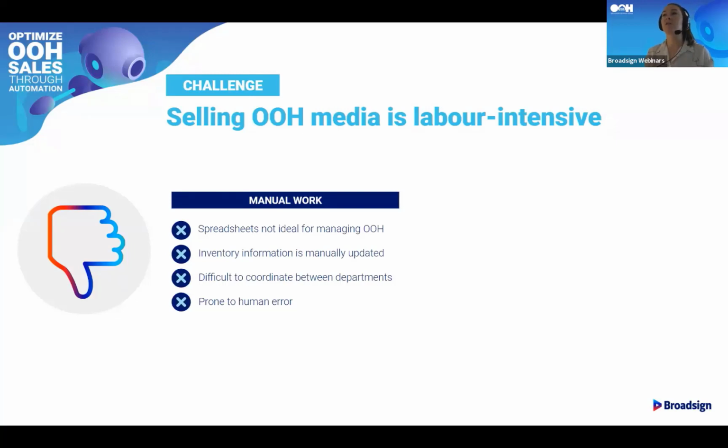It also usually doesn't offer proper live updates, and what we've seen is that the file is usually manually updated at most several times a day, so you don't have real-time availability on your inventory, and it's difficult for you to get visibility on potential booking conflicts.